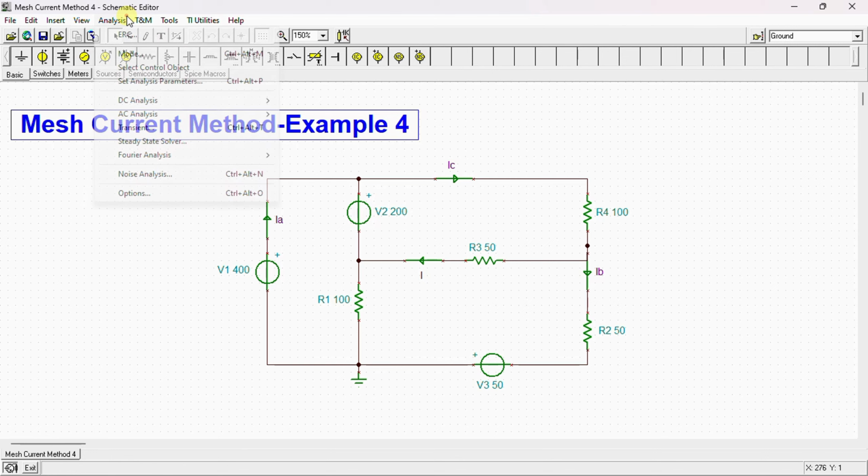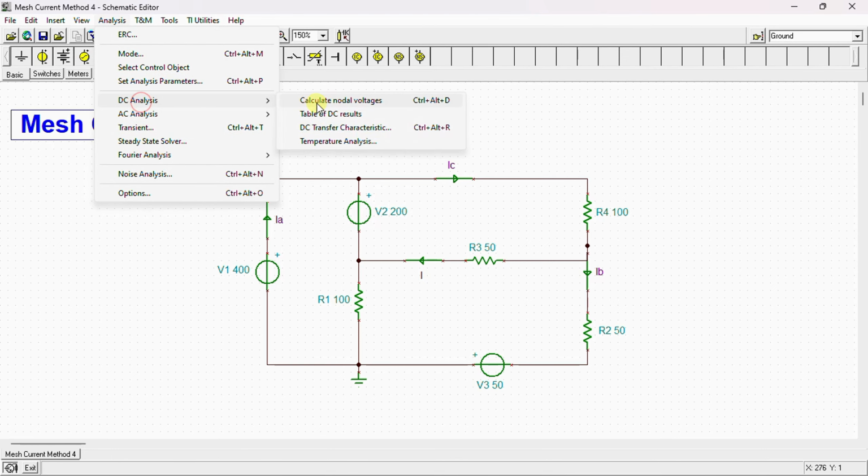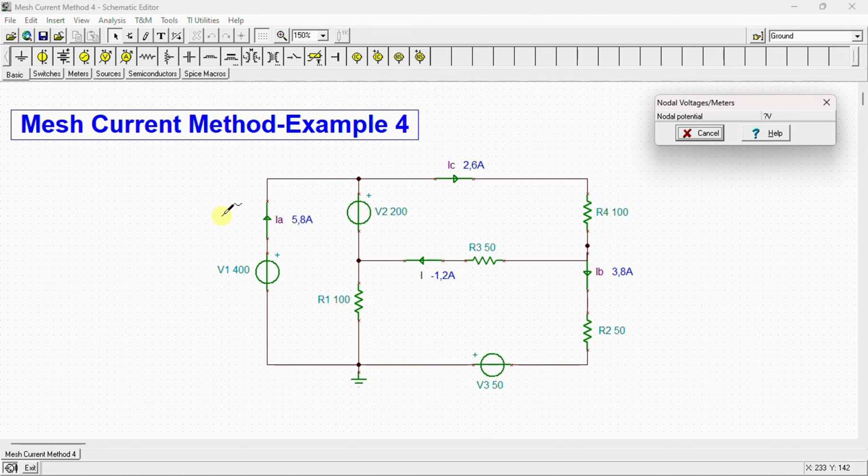If we go to analysis, this analyzes calculate nodal voltages. We can see here IA is 5.8 amps, IC is 2.6 amps, and IB is 3.8 amps, and I is negative 1.2 amps. We see that those values are exactly the same values we found by calculation.